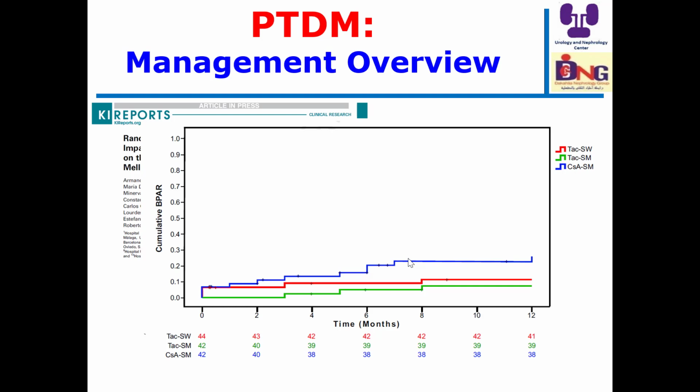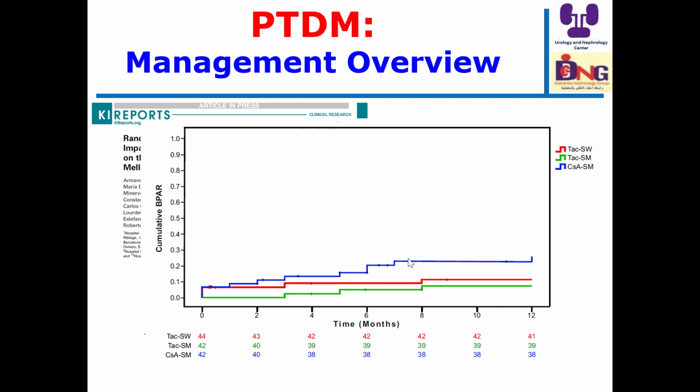So the lesson that we here in the center learned through time is to use the drugs in a wise way, avoiding targeting a very high level of tacrolimus unnecessarily, and watching the cumulative dose of steroids, as we were accustomed to use high doses of steroid.